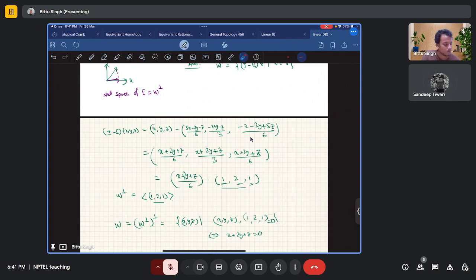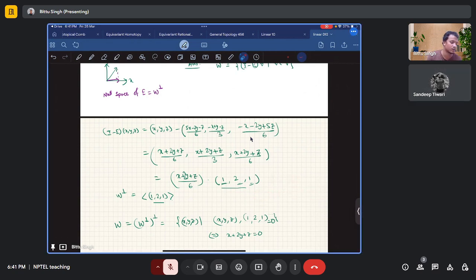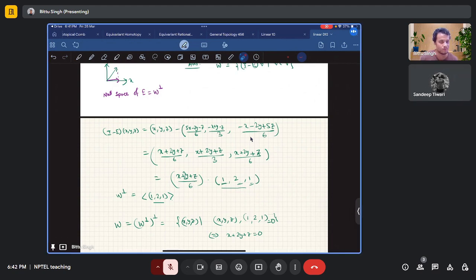Yes, sir. So again, if you equate 0 here, this will give you (1, 2, 1) cannot be 0, so that quantity. Yes, so now it will create a difference, sir. You are saying that we can write anything, sir. Yeah, now that will create a difference, right? Yes. Okay, thanks.